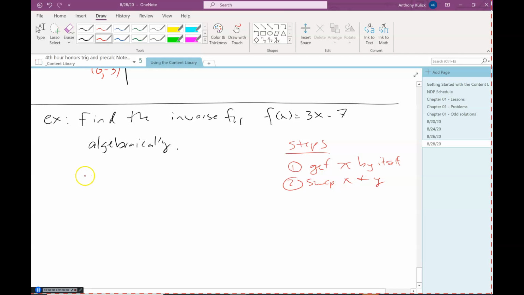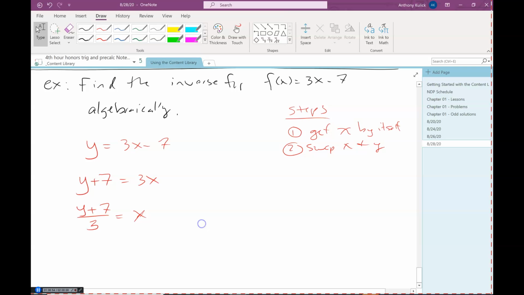Okay. So I'll just replace the f of x with a y. And then I'm basically just going to get the x by itself, so add 7 to both sides. And then divide by 3. And then we switch the x and y.